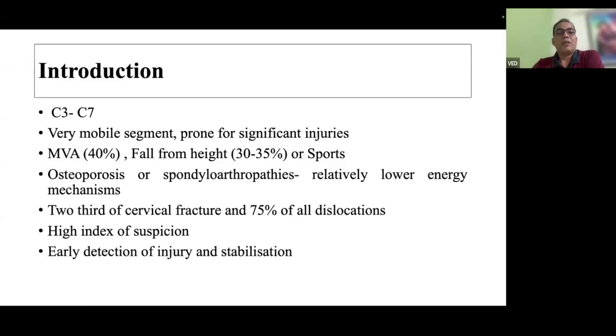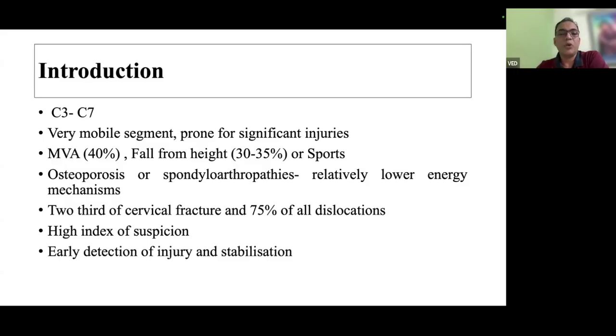First of all, I thank my first speaker, Dr. Mayank, who has made my job much easier, because the initial half of my slides has been taken care of by him. As we all know, the subaxial cervical spine includes the C3 to C7 cervical vertebrae. These are very mobile segments, and they are very prone to significant injuries.